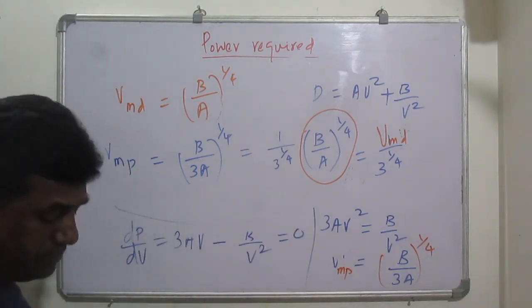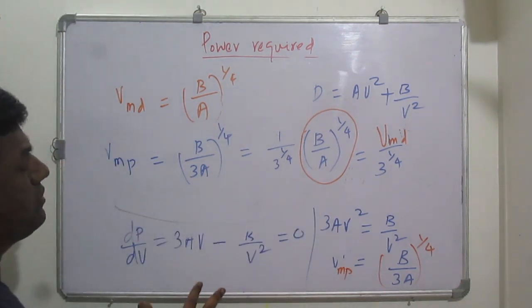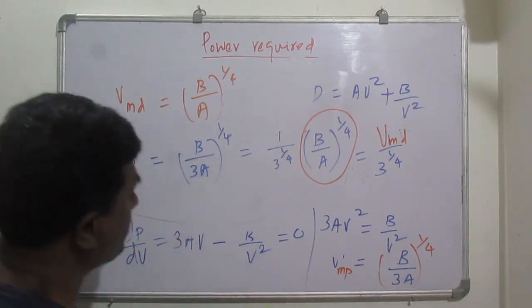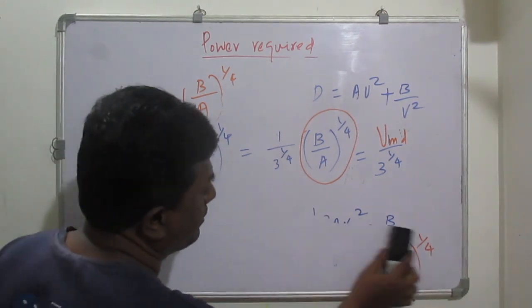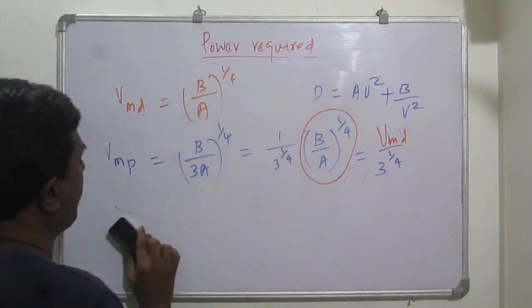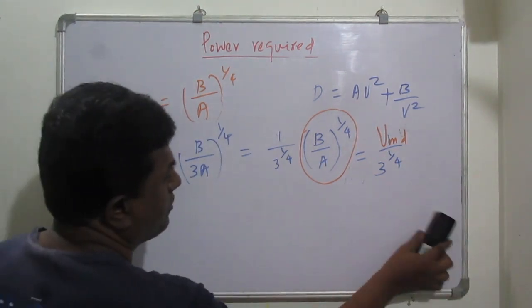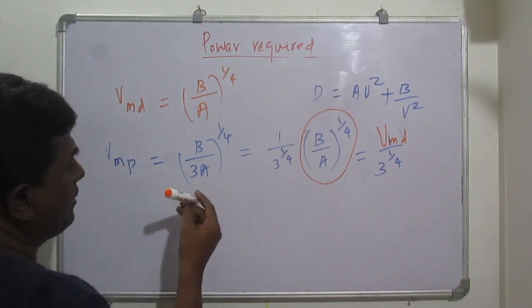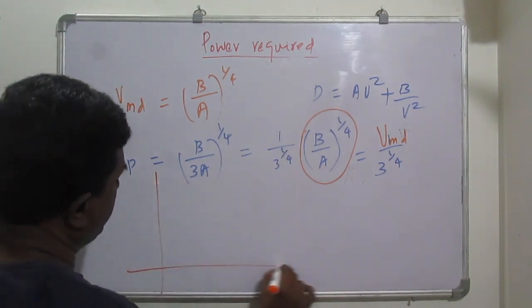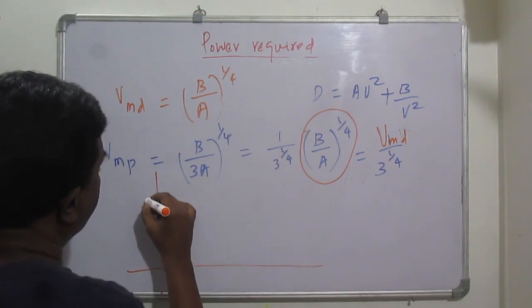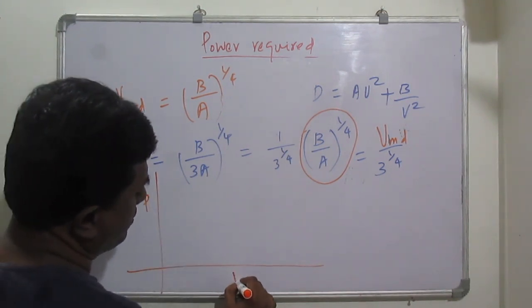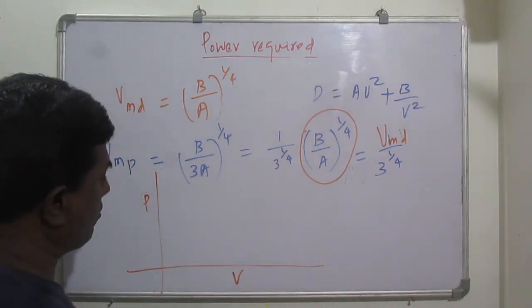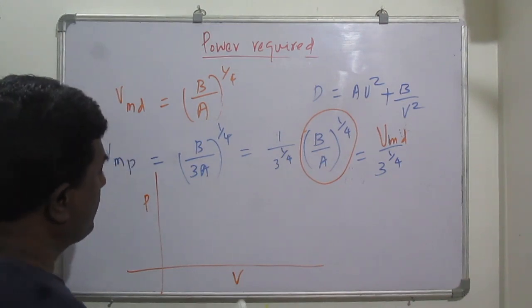This condition we can understand from the equation or from the graph also. This is the power versus velocity graph, so here we can draw it.